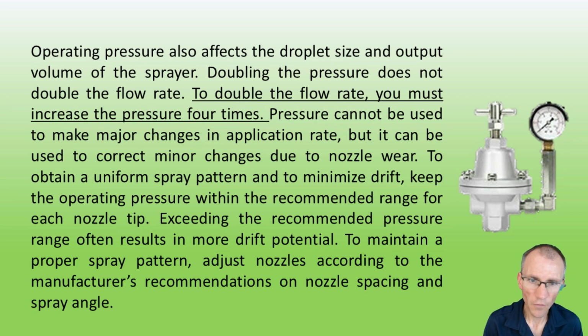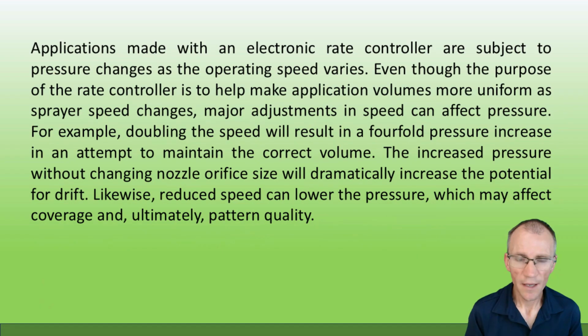To obtain a uniform spray pattern and to minimize drift, keep the operating pressure within the recommended range for each nozzle tip. Exceeding the recommended pressure range often results in more drift potential. To maintain a proper spray pattern, adjust nozzles according to the manufacturer's recommendations on nozzle spacing and spray angle.